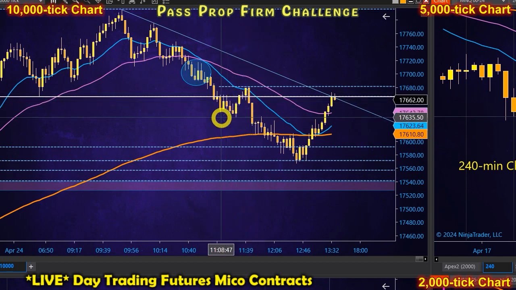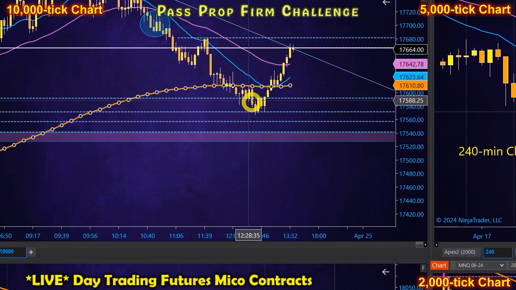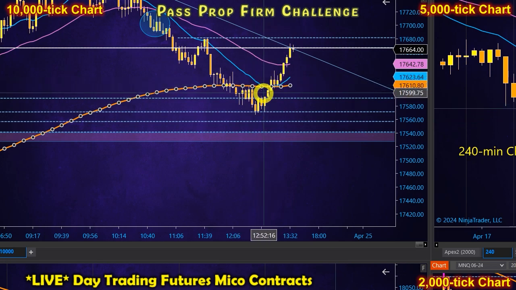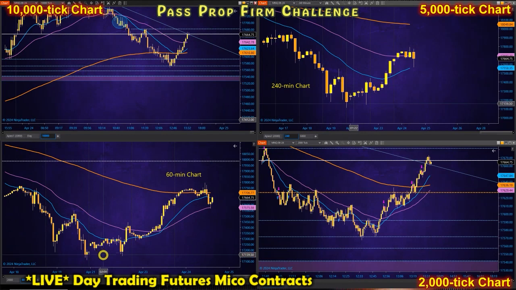Once it gets down below the 200 and all these moving averages, that's a strong sell signal at that point. I had to be very, very careful right here about continuing to add to the trade as it goes down. And I waited for it to prove to me that it wanted to bounce in this area, and we stayed patient on it.